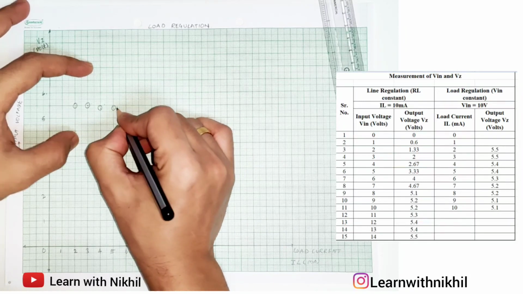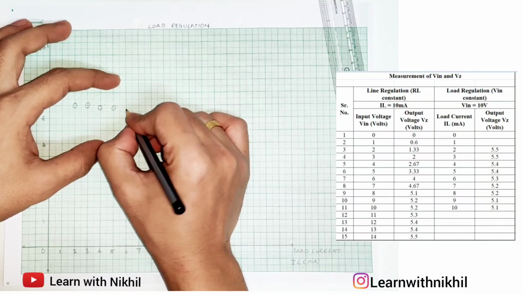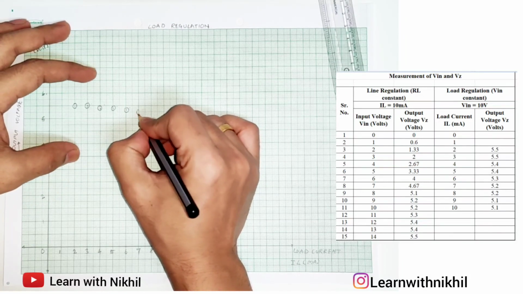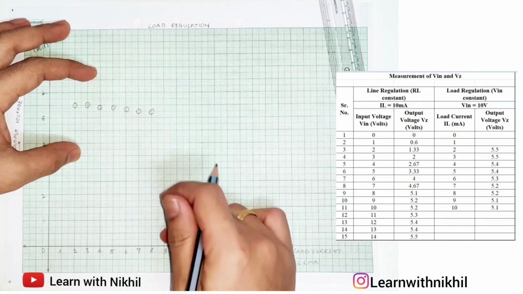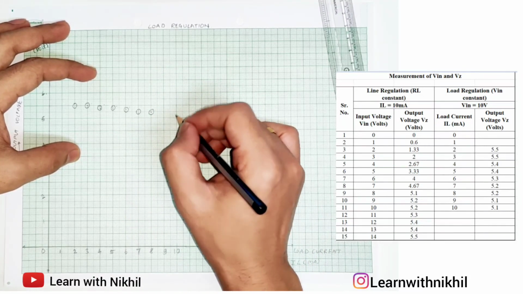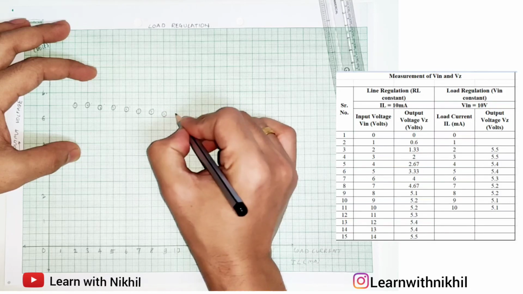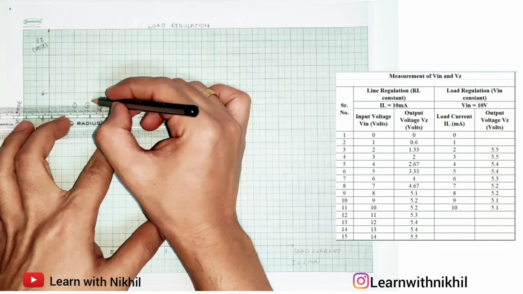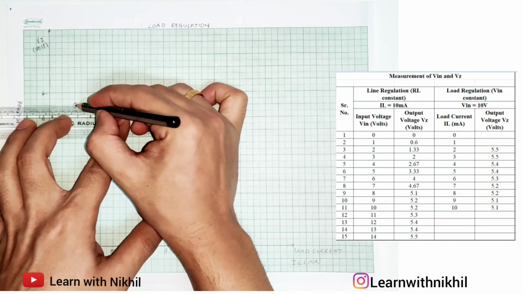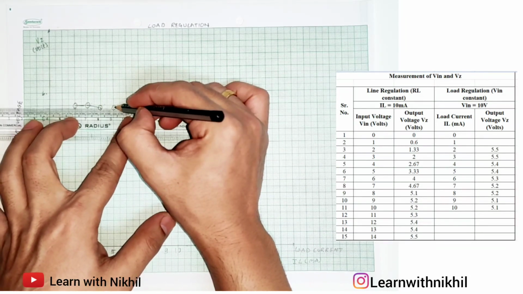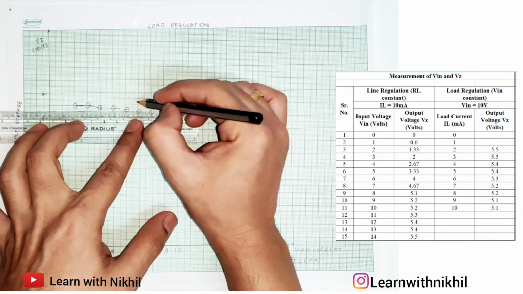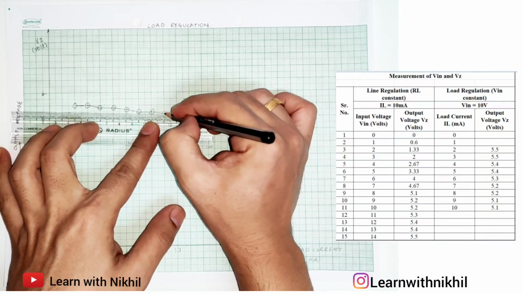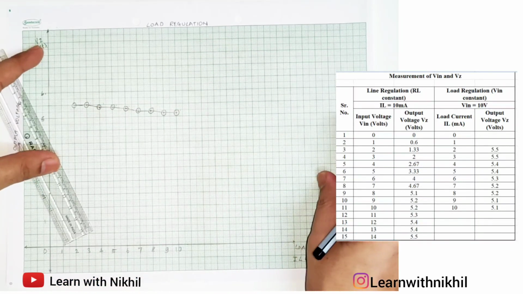Then again 5.4, then for 6 milliamperes it is 5.3, then for 7 milliamperes it is 5.2, 8 milliamperes 5.2, 9 and 10 milliamperes it is 5.1 and 5.1 respectively. So as you can see, this is almost a straight line. We'll join all these points. As you can see, the output voltage is constant. As the Zener voltage is 5.1, the output voltage is constant at 5 volts.